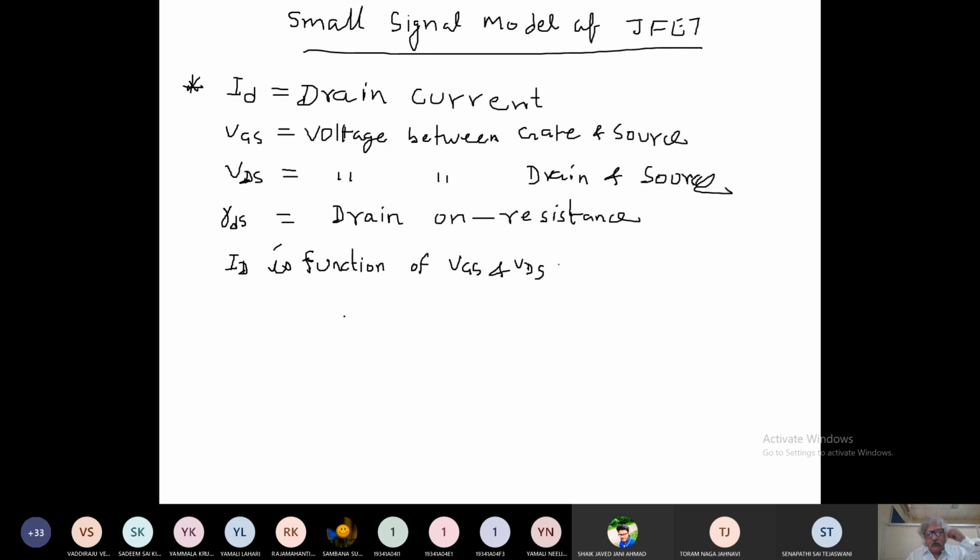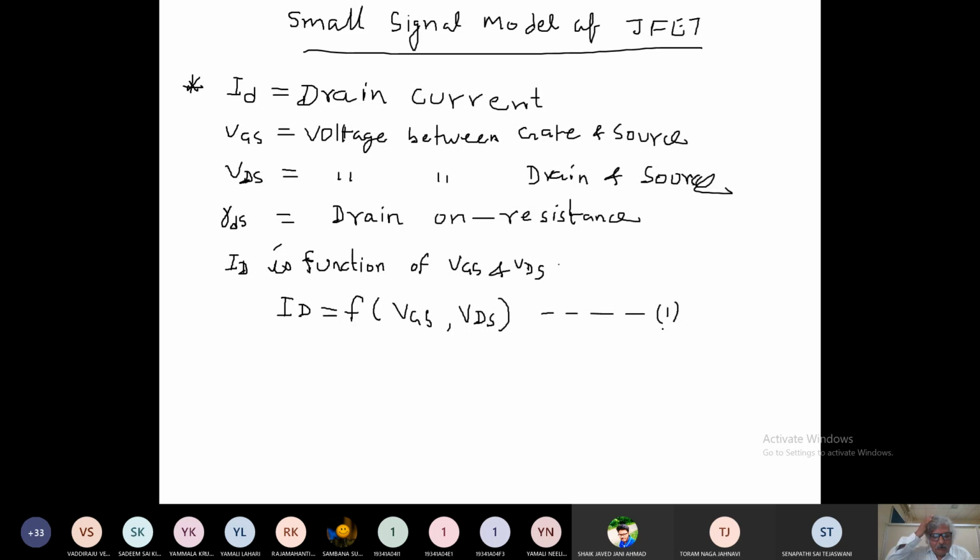So we can describe it as ID is equal to a function of VGS and VDS, and we give this equation number 1.